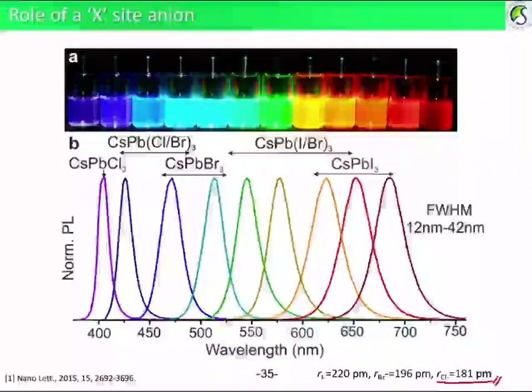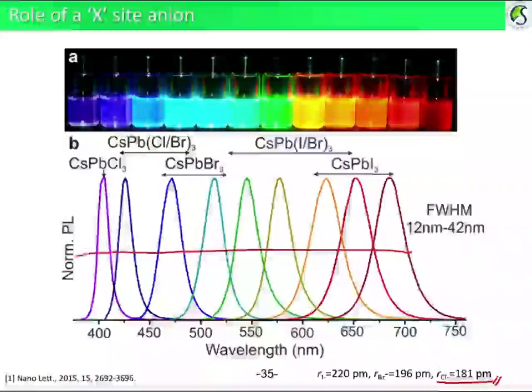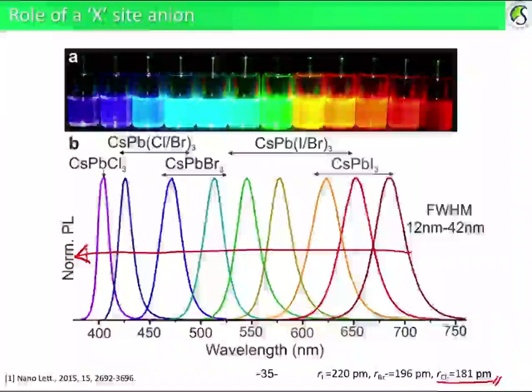So you can see that from the iodide to the bromide and chloride, the PL shifts towards the blue region, which means that the band gap of the material is increased. So this kind of perovskite material can also be used for the fabrication of light emitting diodes with different colors.